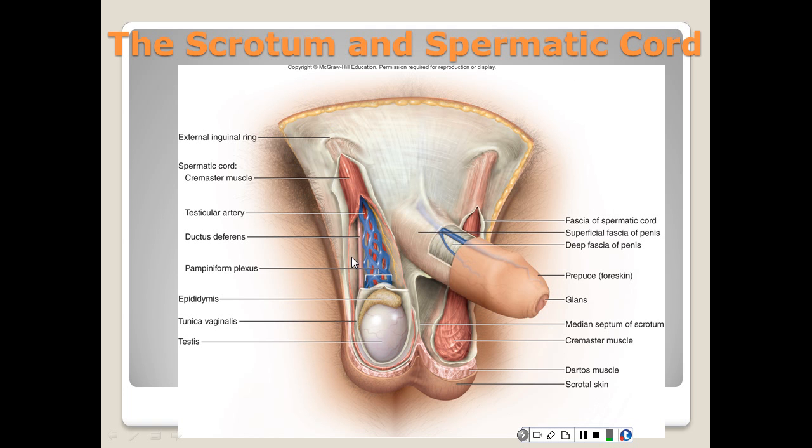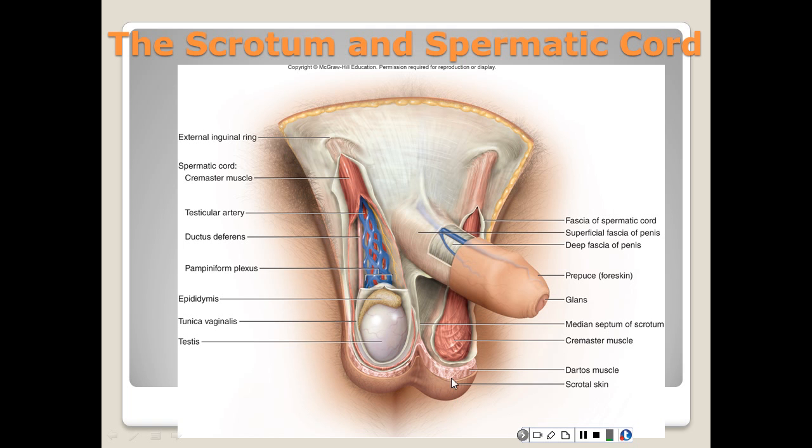The inferior entrance to the inguinal canal is the external inguinal ring, but the superior exit into the pelvic cavity is called the internal inguinal ring.